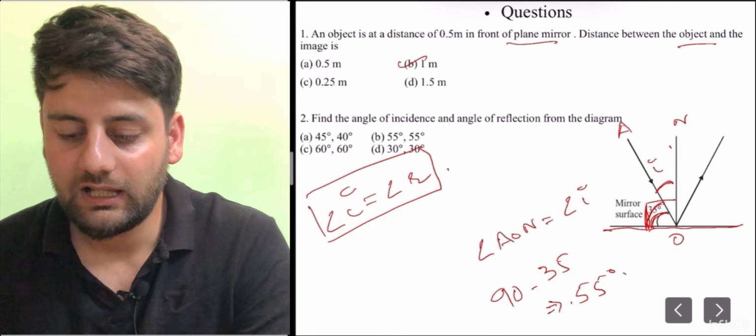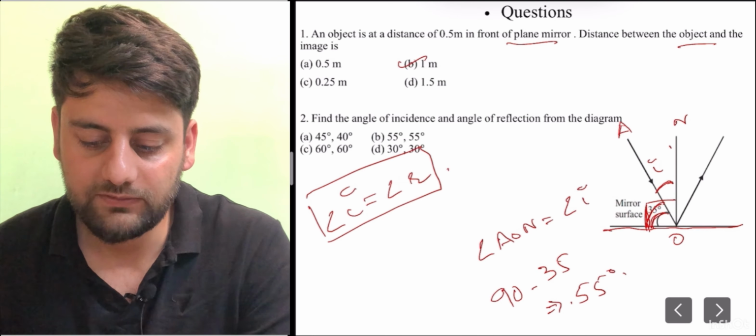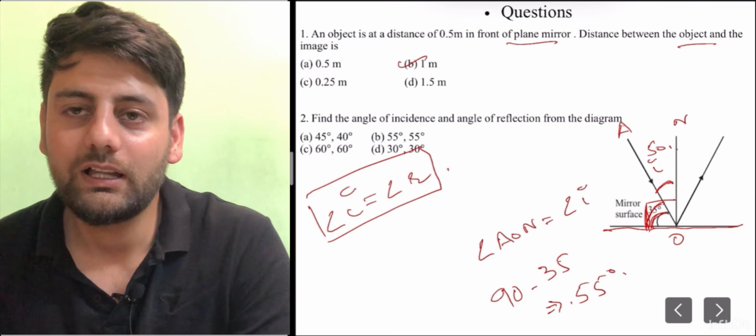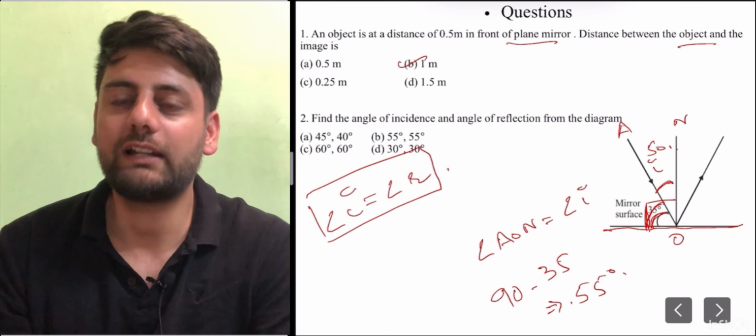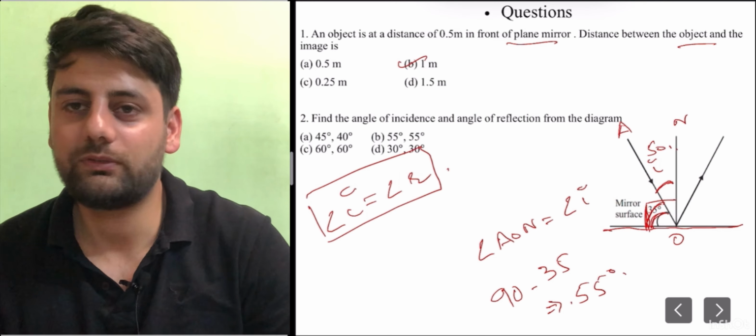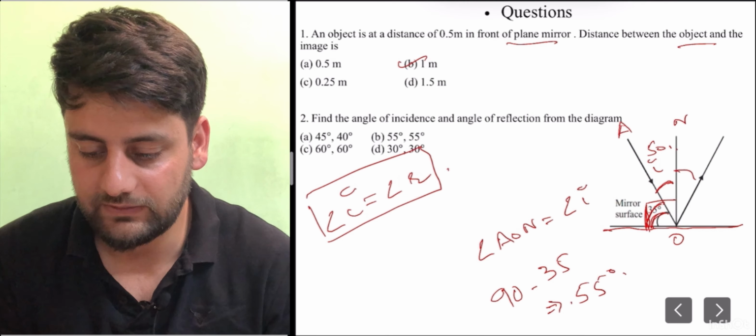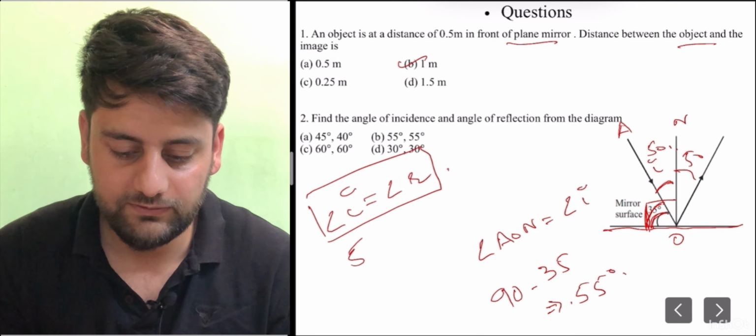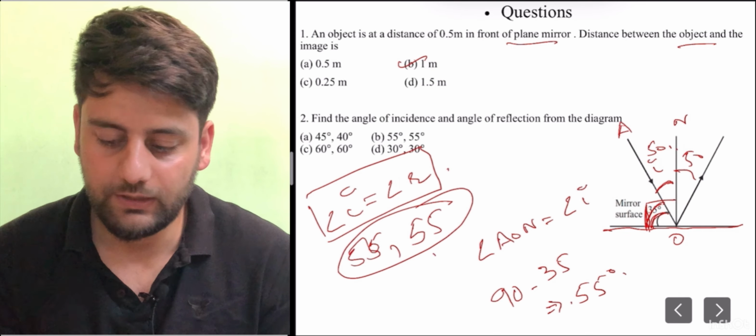So our angle of incidence is 55 degrees, and the same value would be for our reflected angle. That means the angle of incidence is 55 degrees and the angle of reflection is also 55 degrees. I hope this is clear.